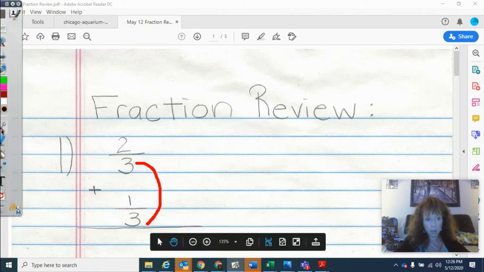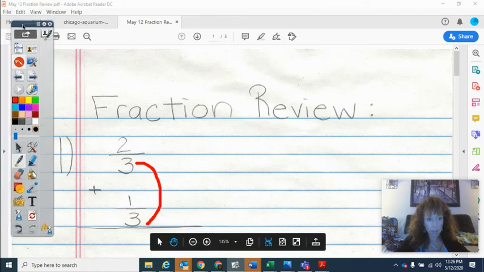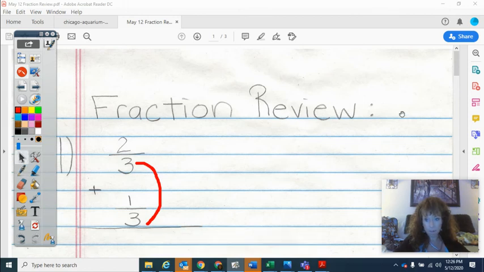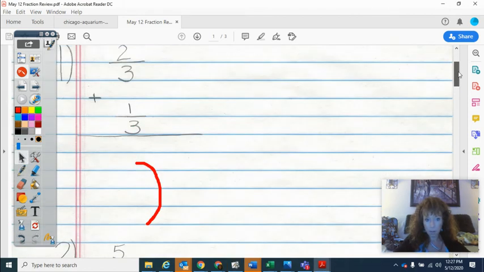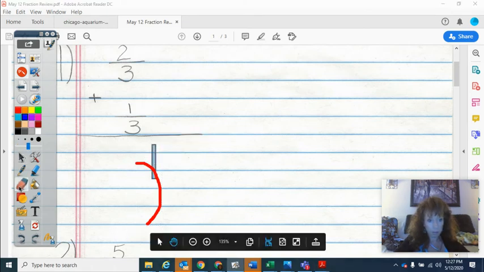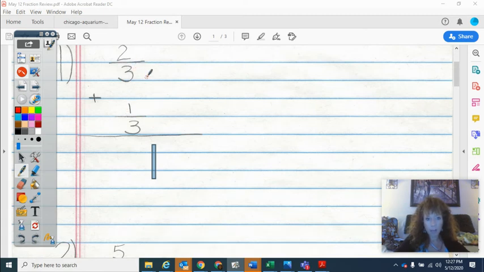Let me erase all that and just start over. Okay, so we're adding 2/3 plus 1/3, which have the same denominators. That's the first thing I want to check.